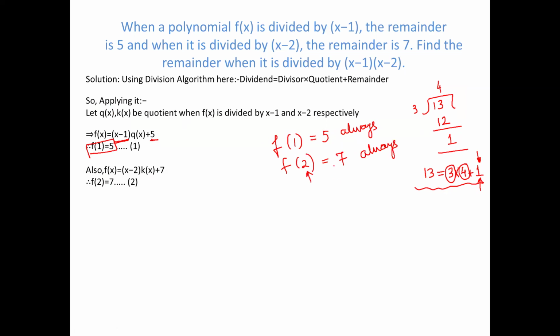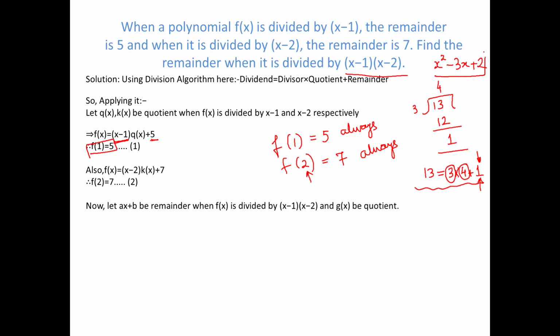Now, the interesting thing is that we say it is divided by x minus 1 into x minus 2. In case we are dividing it by x minus 1 into x minus 2, we are essentially dividing by x square minus 3x plus 2, which is of degree 2. So the remainder will be of degree 1 smaller.